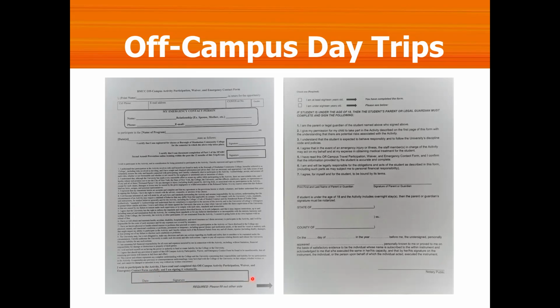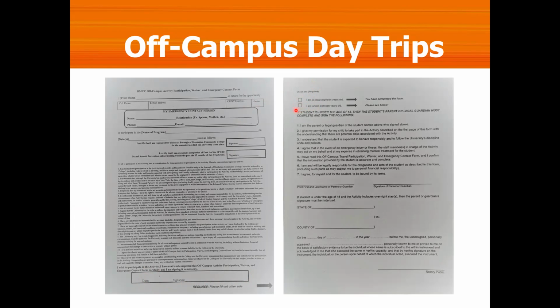Now, there is a back to this form, so turn the form over. If you are at least 18 years old, if you're 18 or over, please check here. If you are under 18, so if you're 17, 16, you will check here.